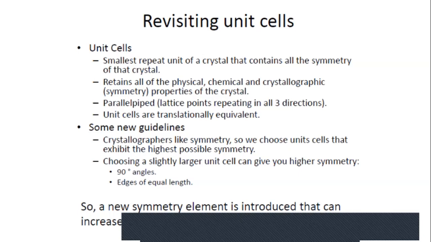For example, you can choose a larger unit cell, maybe the angles become 90 degrees or the edges become equal length. If you remember, cubic was the highest symmetry unit cell, so maybe we can move the angles closer to 90 or make all the lengths equal to get higher symmetry systems.